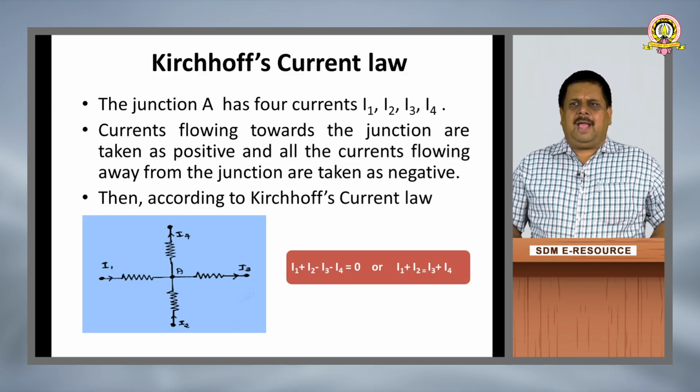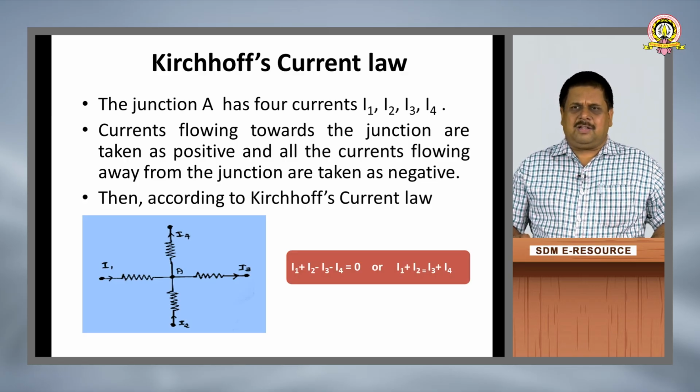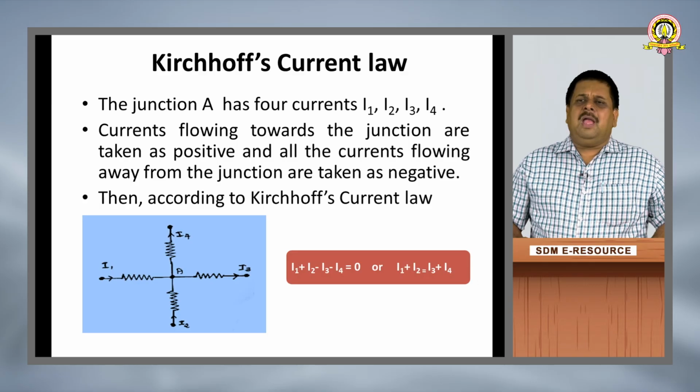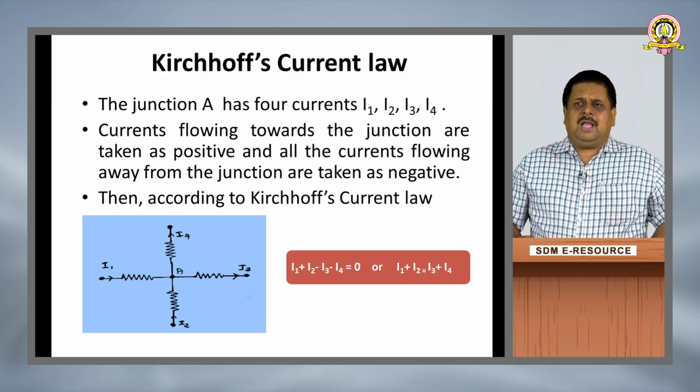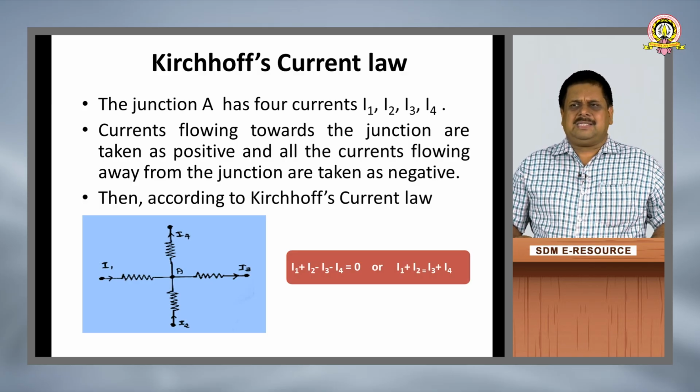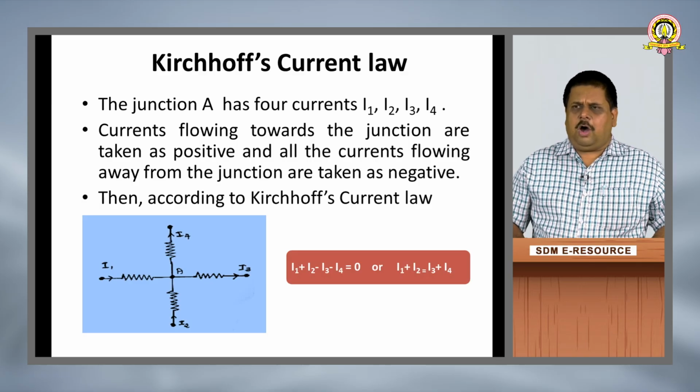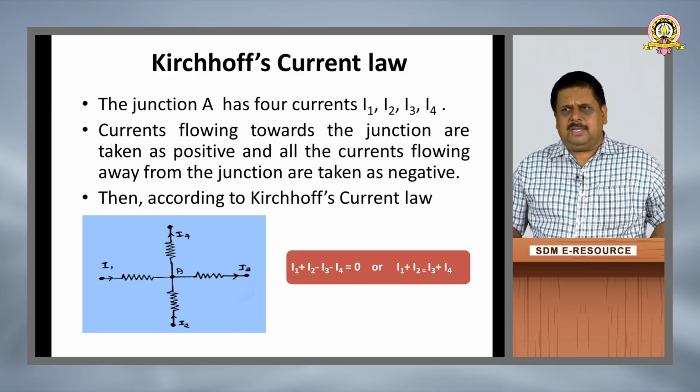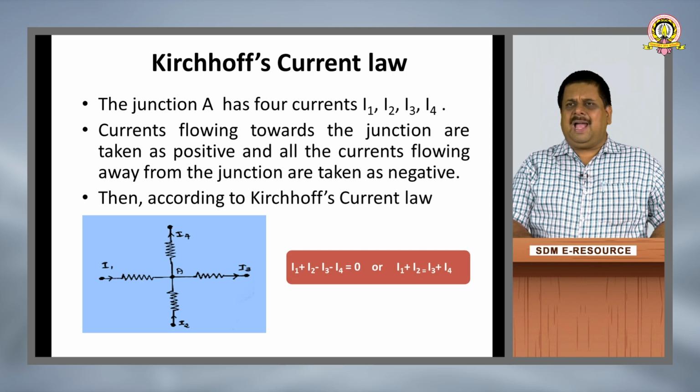Then, according to Kirchhoff's current law, at point A, I1 plus I2 minus I3 minus I4 is equal to 0, or I1 plus I2 is equal to I3 plus I4.